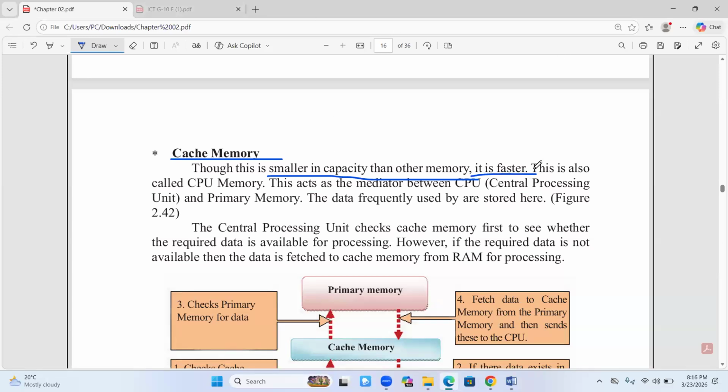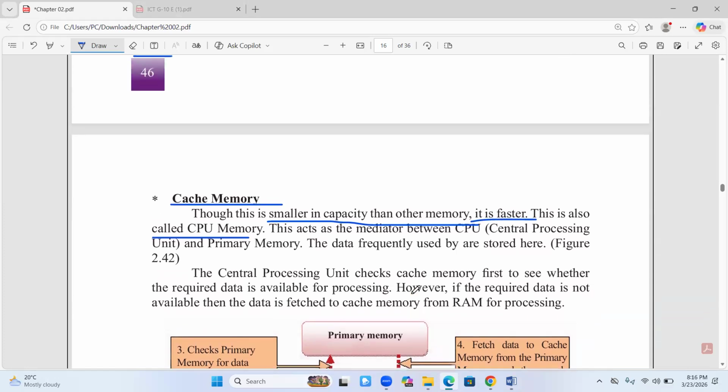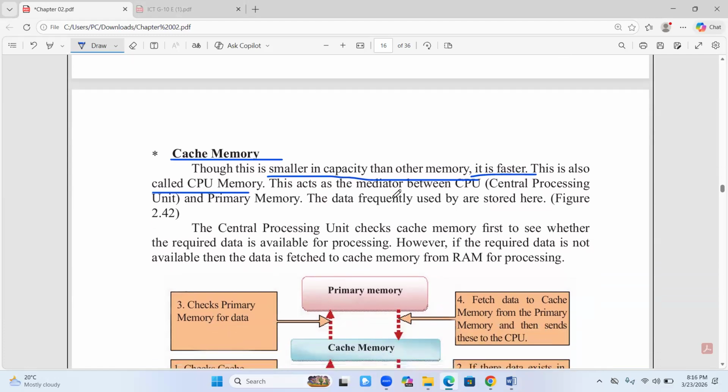This is also called CPU memory, which works as the mediator between the central processing unit and primary memory. Primary memory means the RAM. The data which is used frequently is stored in the cache memory part of the computer.